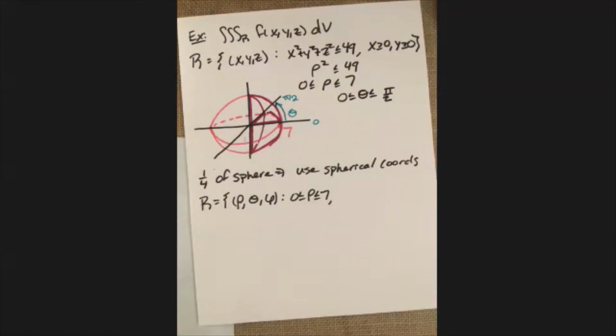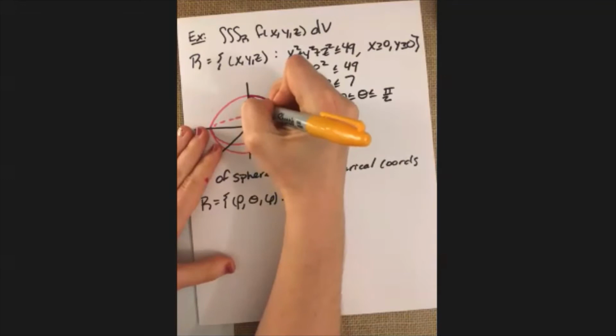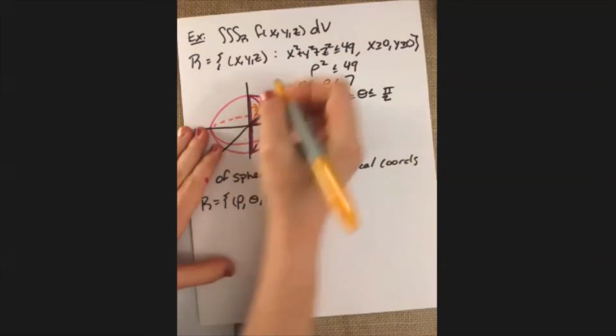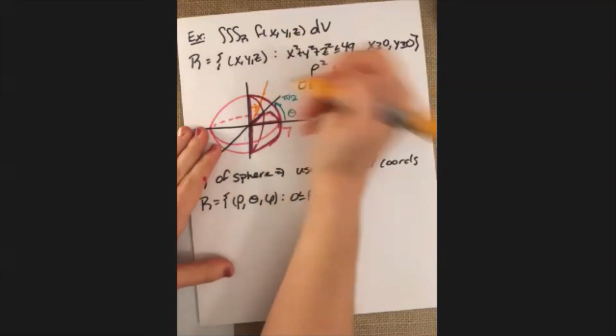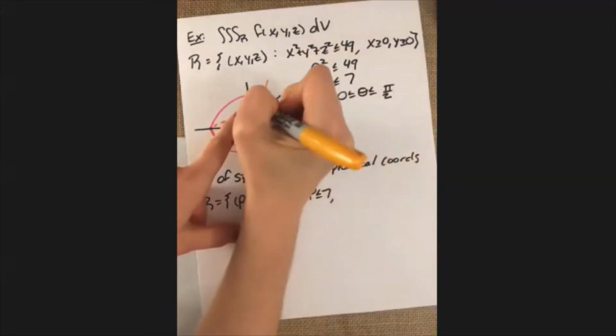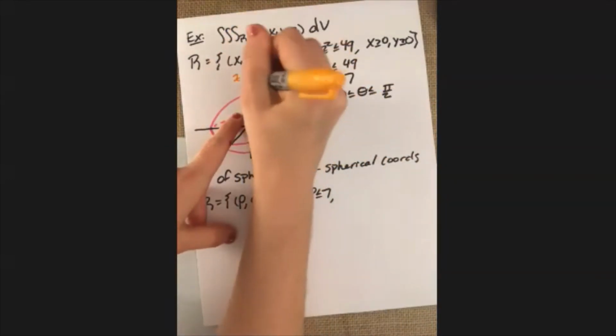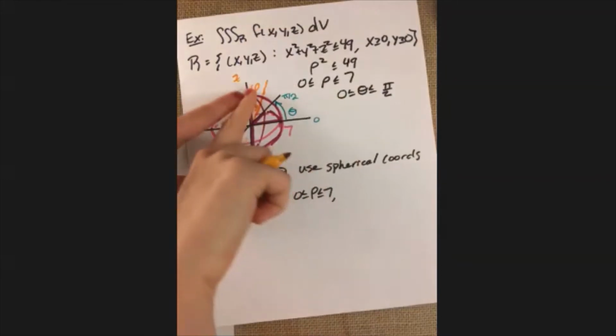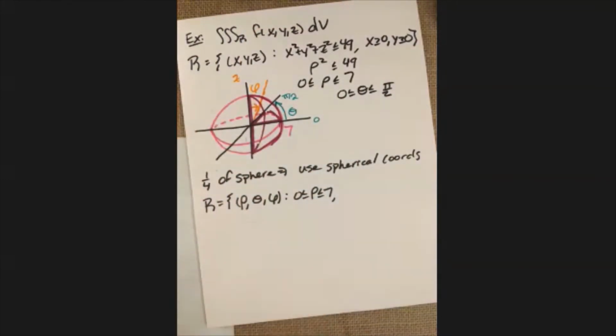And then finally, we need something for phi. And phi is just this little angle right here. I'm going to extend this out so you can see what I'm looking at. It's this angle between the z-axis and whatever spot you are on your little sphere there.